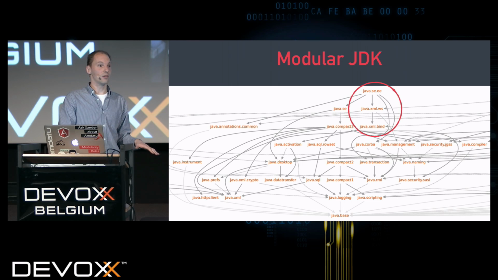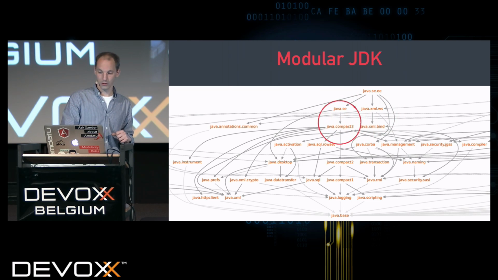These are all enterprise technologies that have been added to the standard edition of Java. So Java SE is sort of an aggregator module that points to all the modules in the platform, including these EE modules.